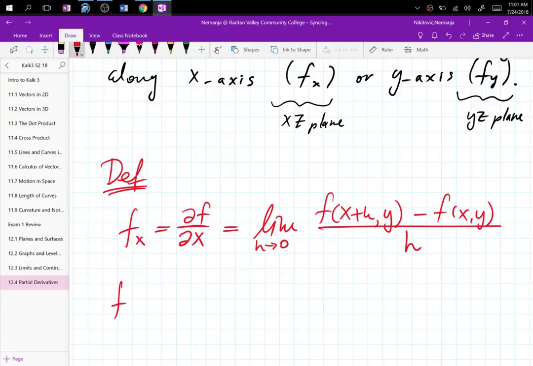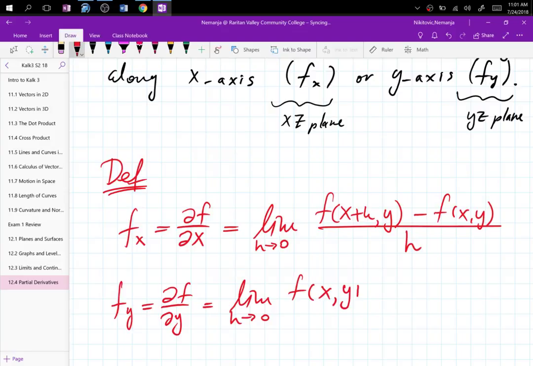And now you have one for y, where this h is going to impact the y direction. So partial f partial y is the limit of h goes to 0 of f of x comma y plus h minus f of x y divided by h.